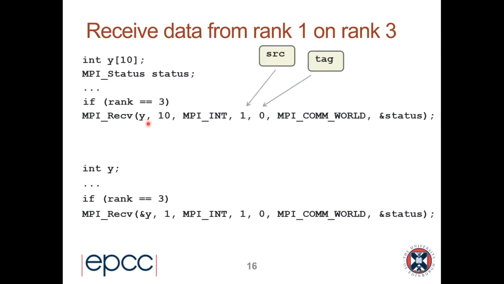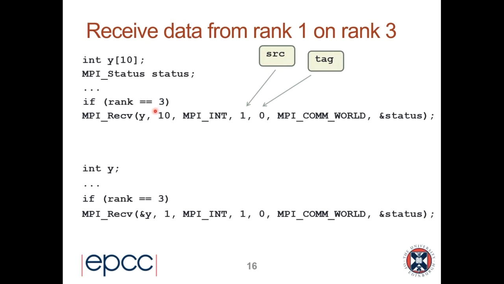What this is technically saying is, I want to receive data. I want to receive some integers from source 1 with tag 0, and I have reserved enough space for there to be 10 integers, okay? But as Amir says, when it comes in, all that happens is it fills the first 5, okay?